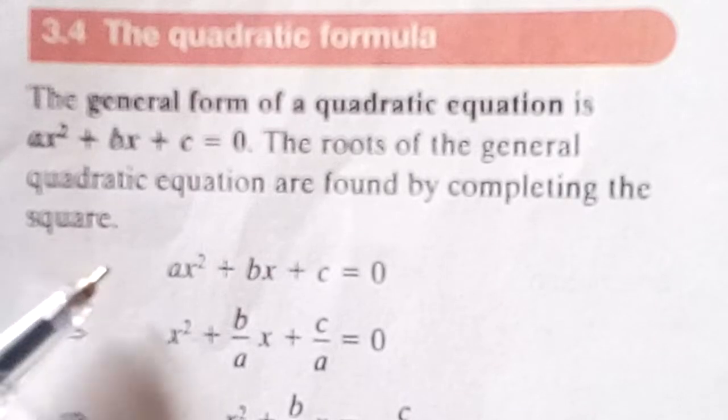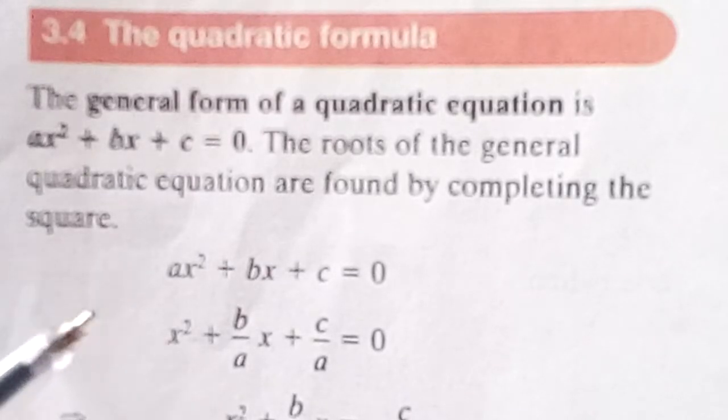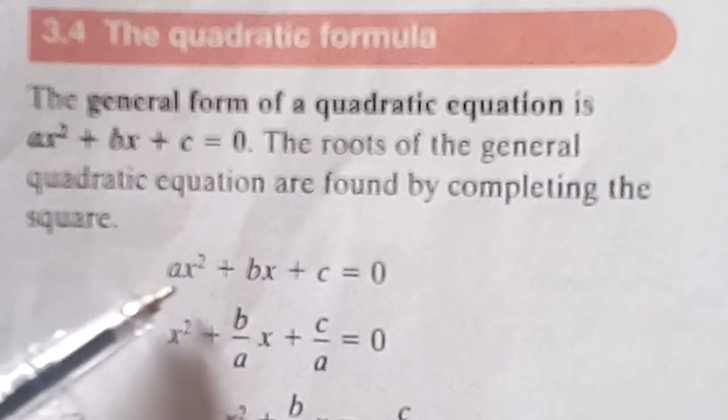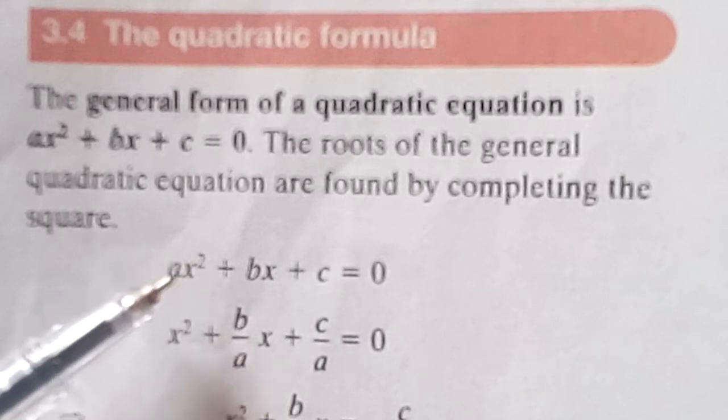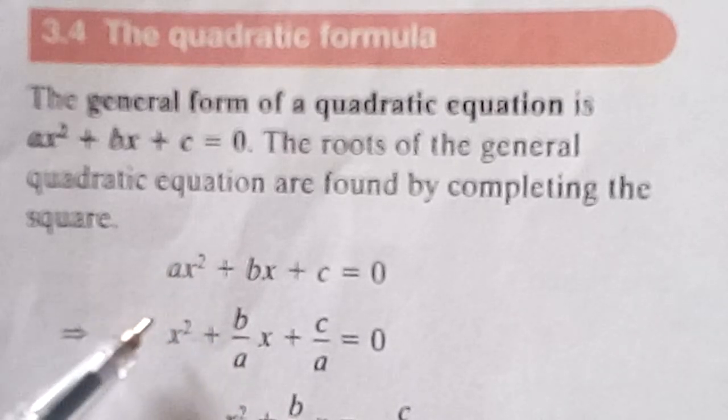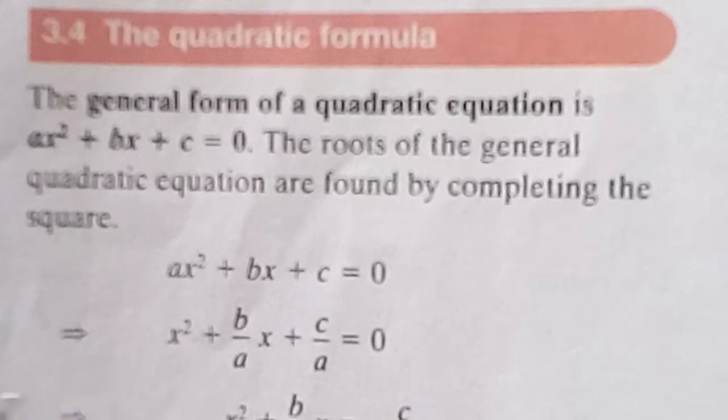To make the coefficient of x squared to be 1, you divide everything by a, so that we don't have ax squared, but just 1x squared. So if you divide everything by a, we now have x squared plus b over a x plus c over a equals 0.